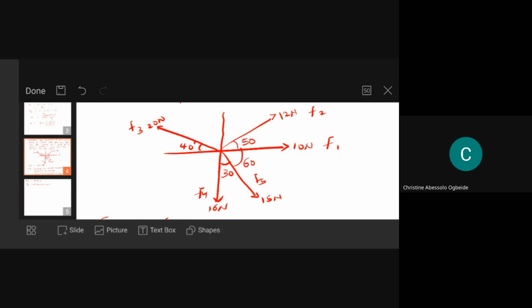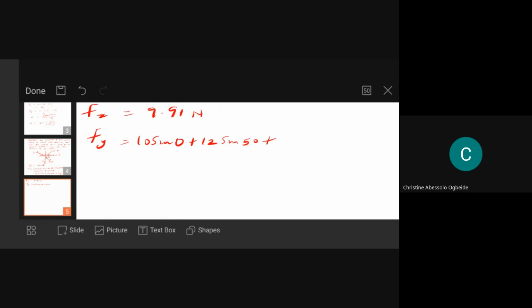Remember, we are dealing with the vertical component. So we'll be having 20 sine 40 for the F3, and it's still positive, right? So I write it down, 20 sine 40.